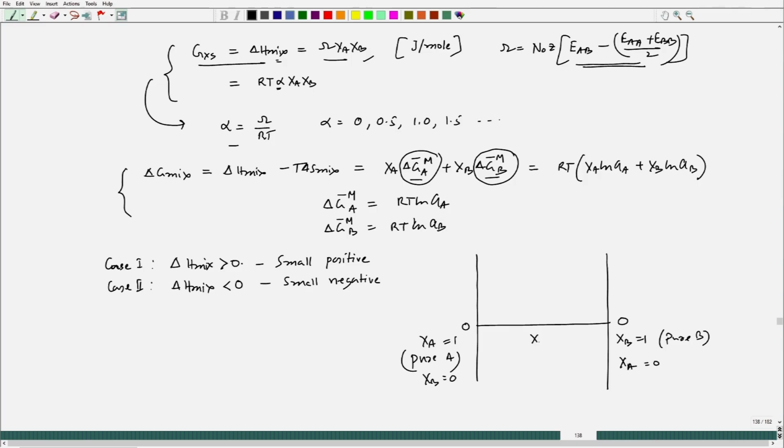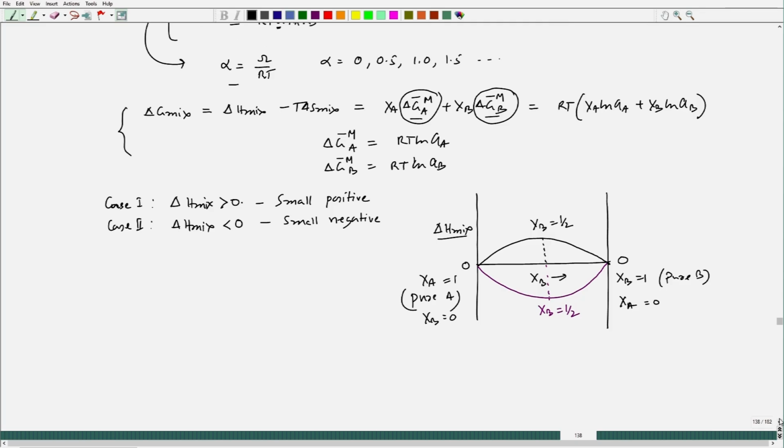And we are putting x b increasing this way. So, if it is small positive, it will be this, and you will see that this peak would come when x b equals half. Similarly, if it is small negative, it will be like this, and here also you will see that at x b equal to half, that minimum would come there. So, this is how I am plotting del H mix.